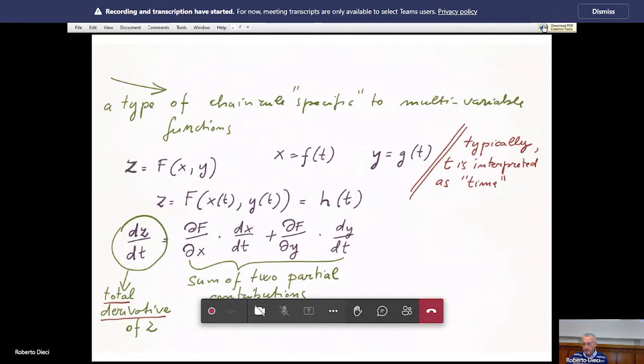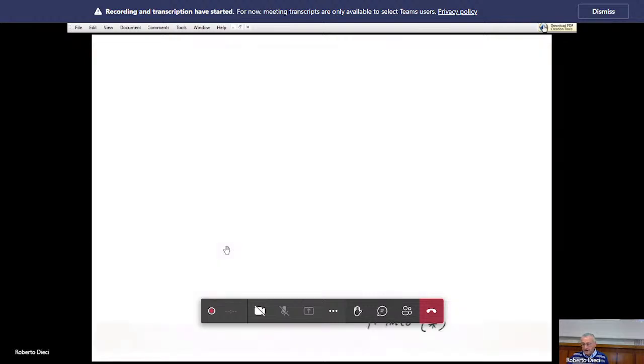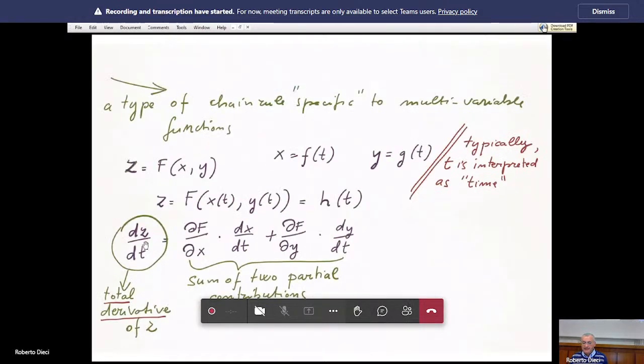So this is the sum of two partial contributions. This is the basic chain rule for two variable functions, each of them depending on time. I don't write the general model here, but it's clear that if z depends on 10 variables, I will have 10 partial derivatives, and I will multiply each partial derivative times the corresponding time derivative.